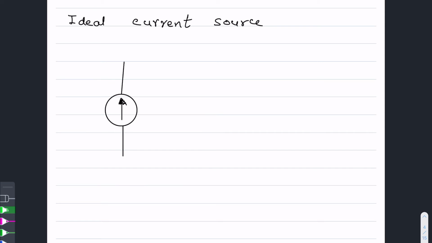Again, very similar to the voltage source, the ideal current source also has a variable set: the current is set by this device, and it provides constant current.